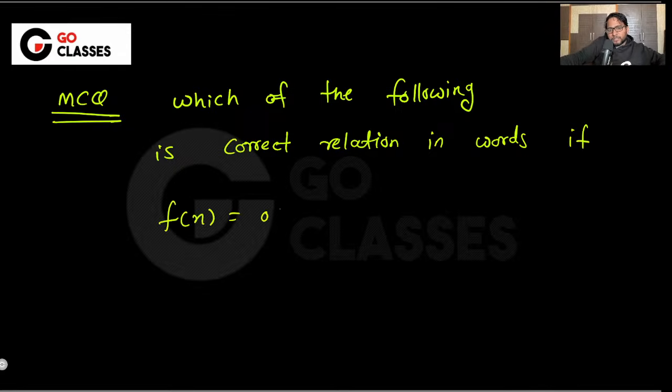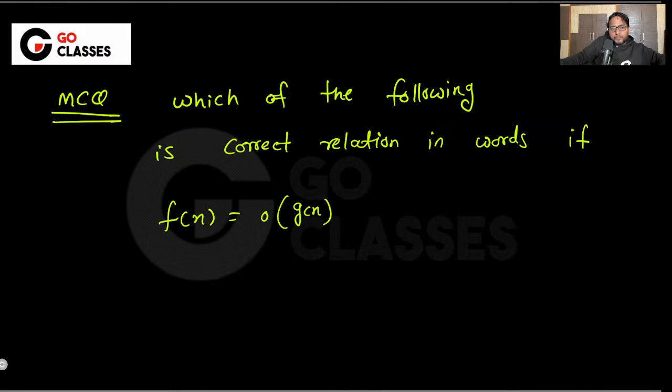Okay, suppose they say, which of the following is the correct relation in words if fn equal to small o of gn.